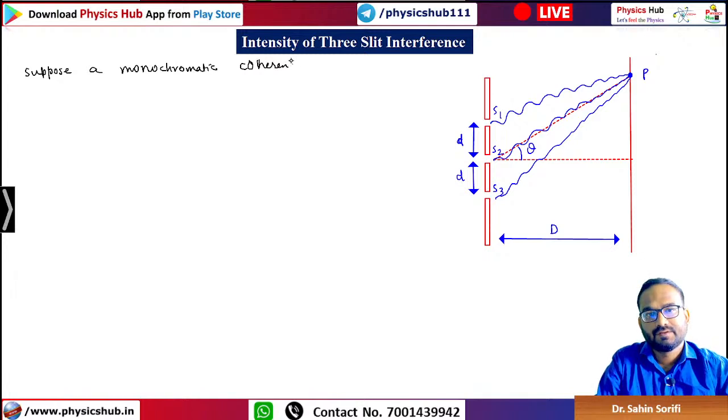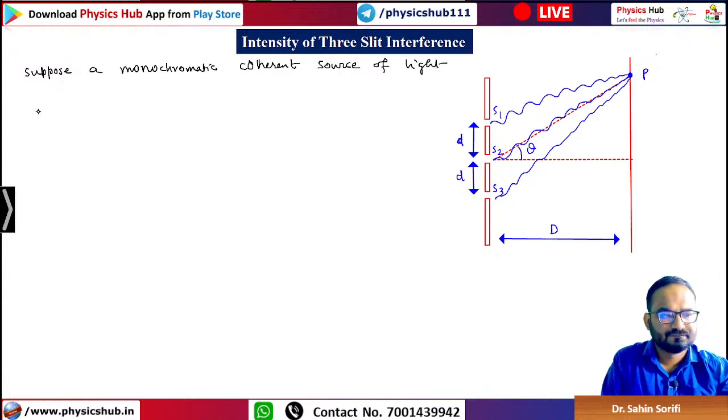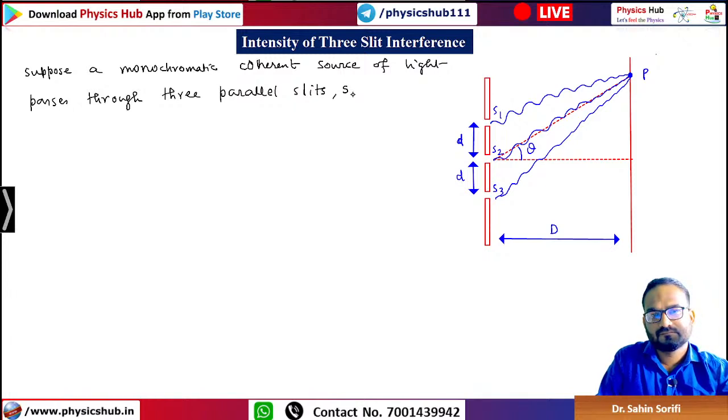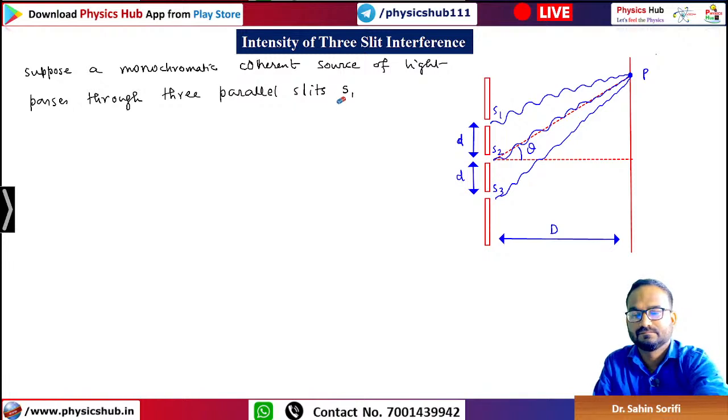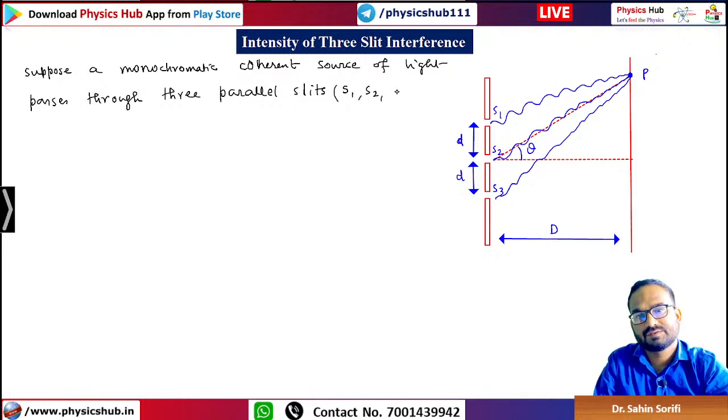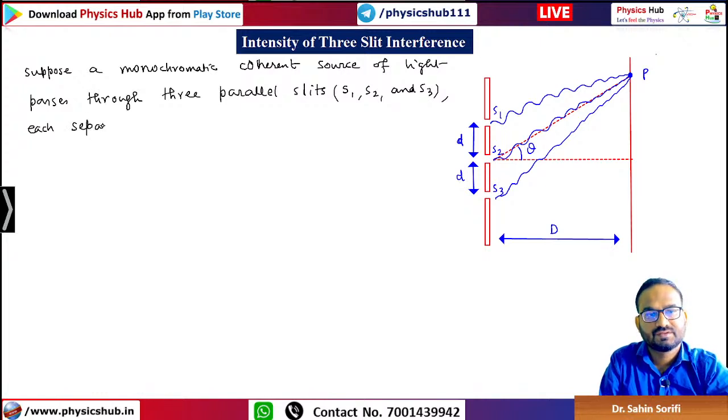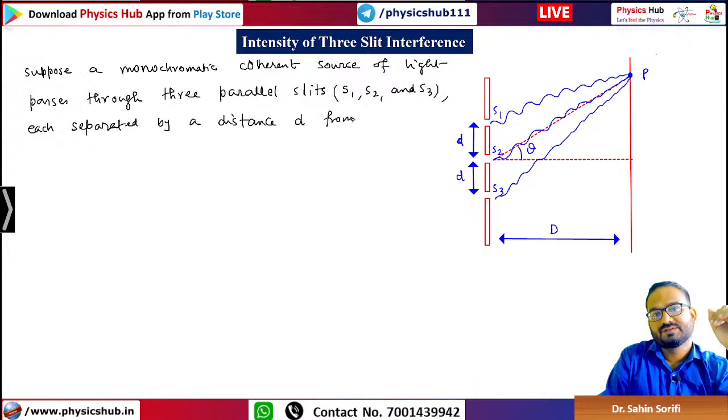Monochromatic coherent source of light passes through three parallel slits, S1, S2 and S3, each separated by a distance d from its neighbor.